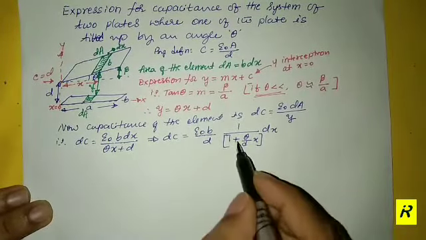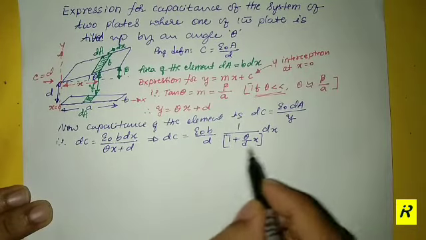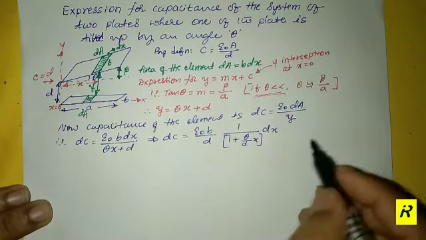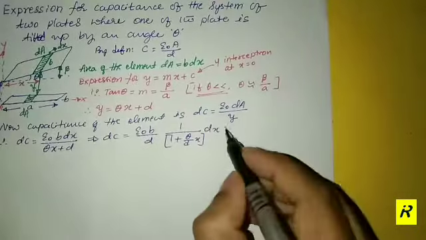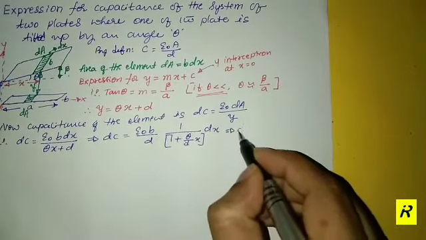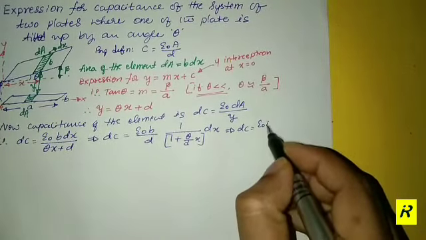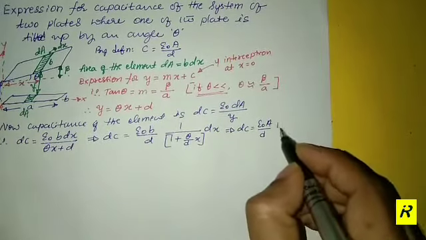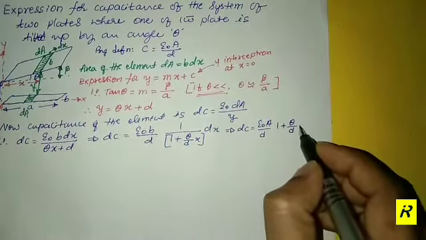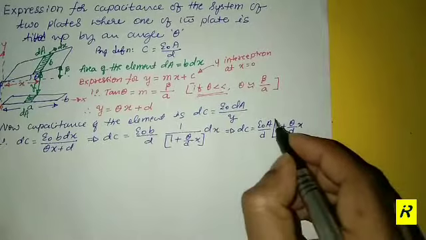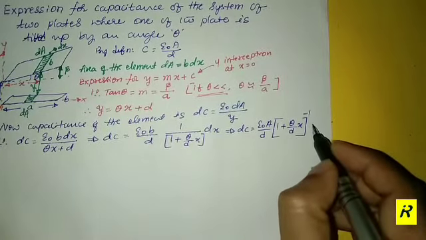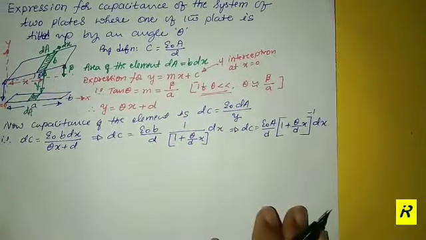Okay, let me take this denominator into the numerator. So which implies dC is equal to epsilon O into A divided by d, into 1 plus theta divided by d into x to the power minus 1 into dx.